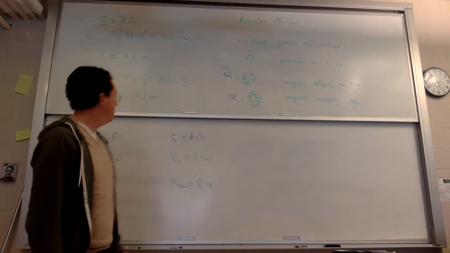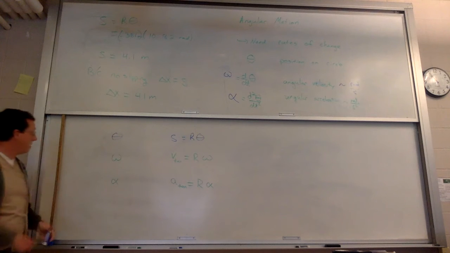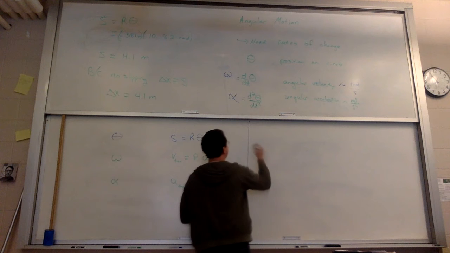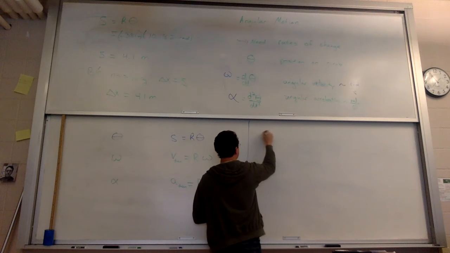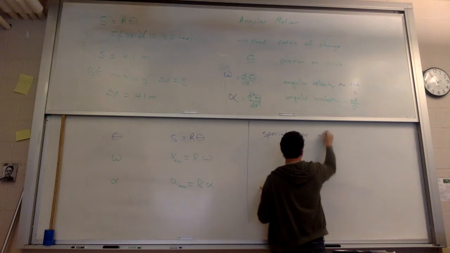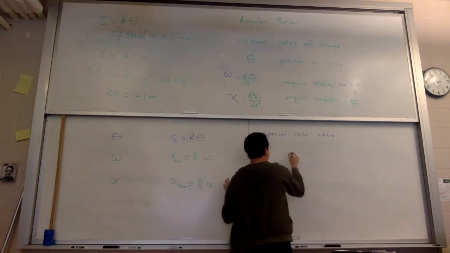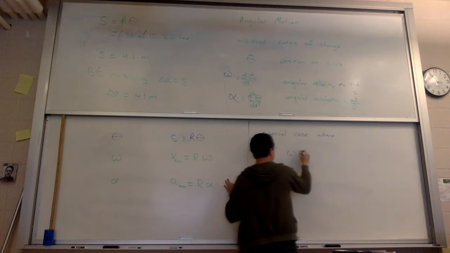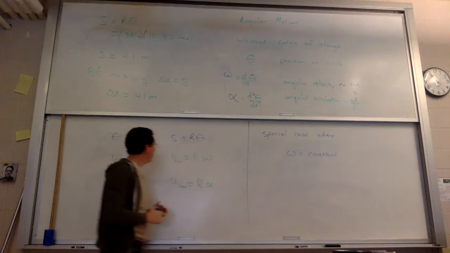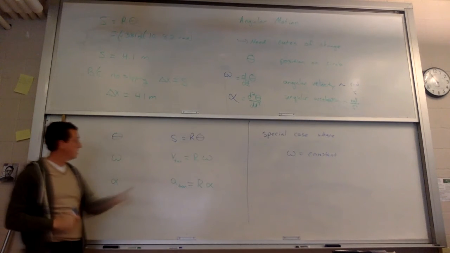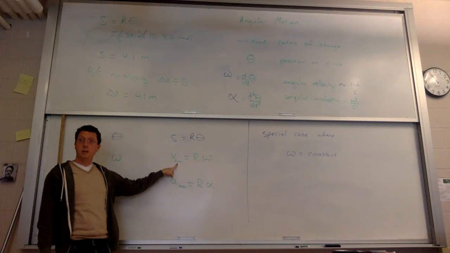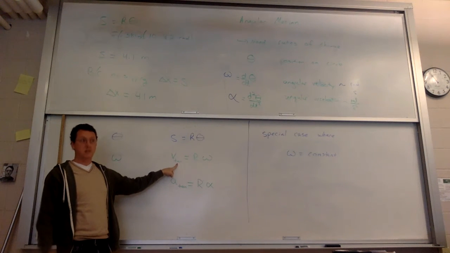Now, there's one other bit of definitions that will get used for the special case where the angular velocity is constant. What would that mean? If the angular velocity omega is constant, that means your tangential speed, tangential velocity is constant.